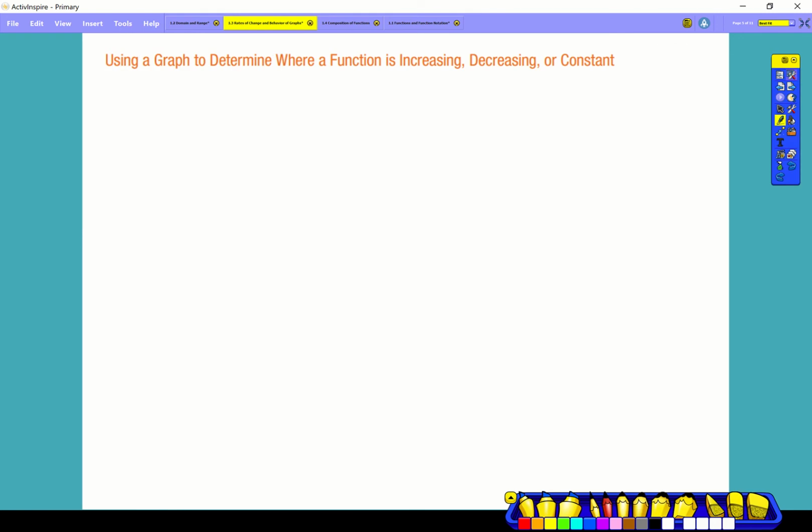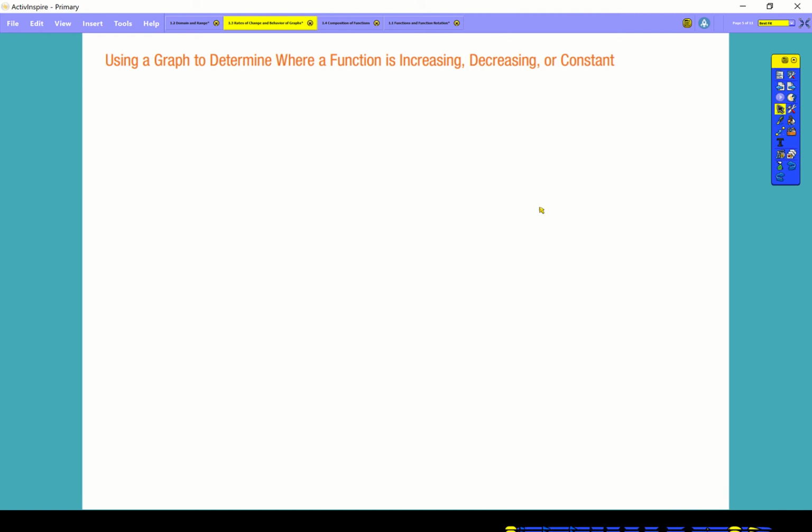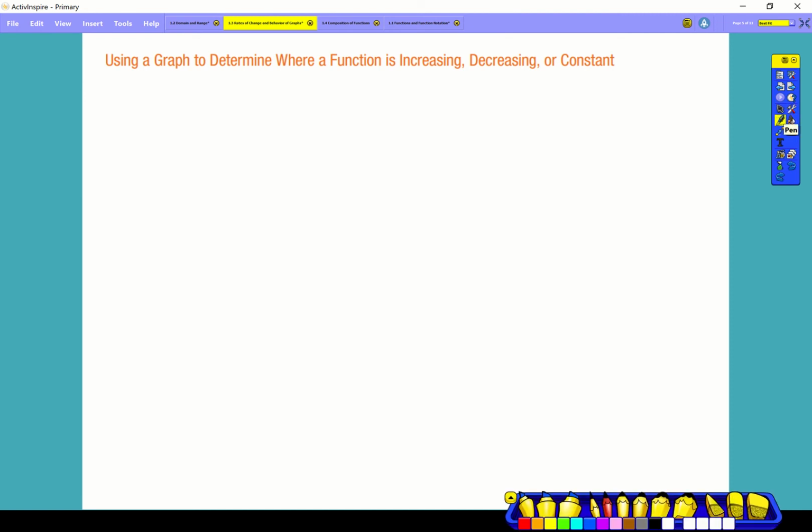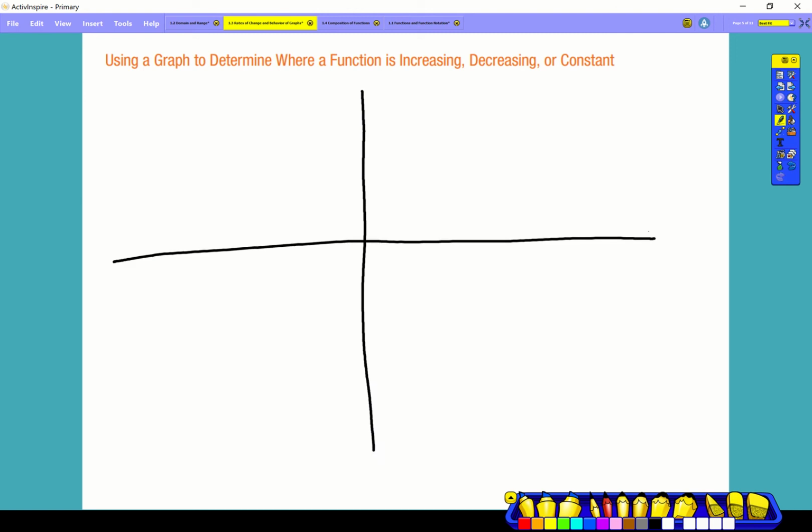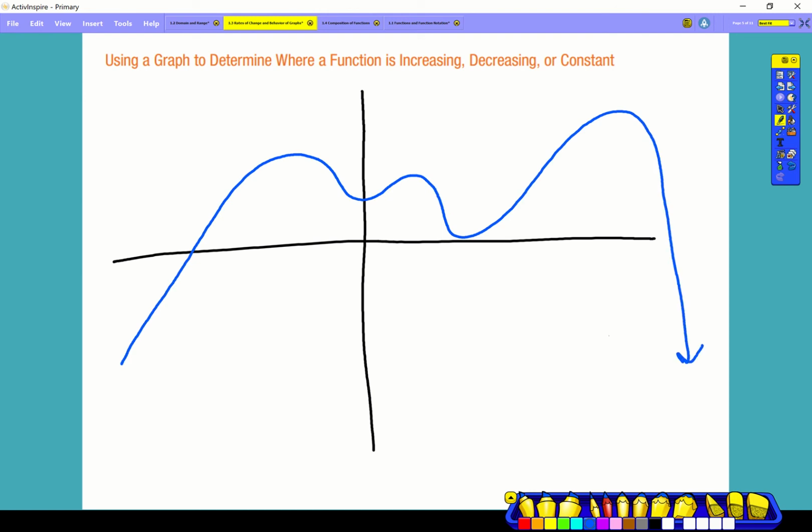So, using a graph to determine where a function is increasing, decreasing, or constant. Okay, we're still good. So what that means is if you have a graph, that's our graph, right? So what color should we have? Here we go.